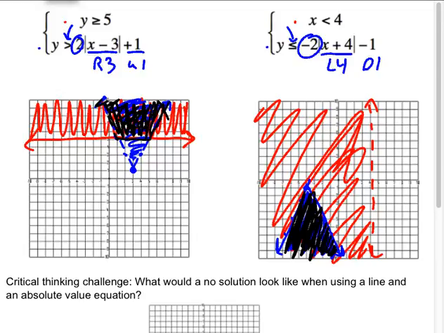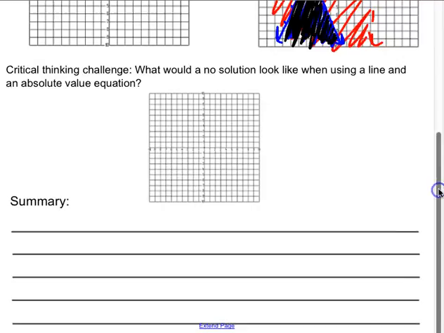All right, so all the graphing methods you already know, just again in a slightly different way, putting skills together. Now, I do want to give you a critical thinking challenge. So what would no solution look like when using a line and an absolute value? So here, I just want you to think graphically, what could that look like?